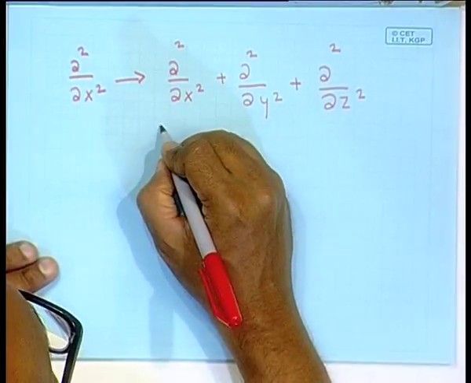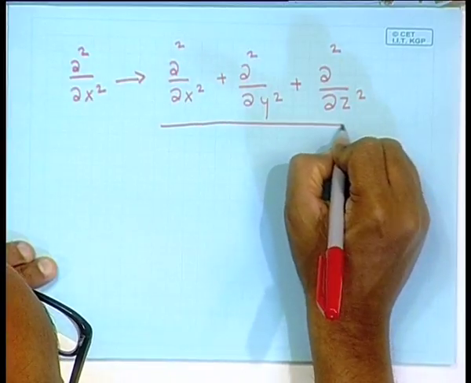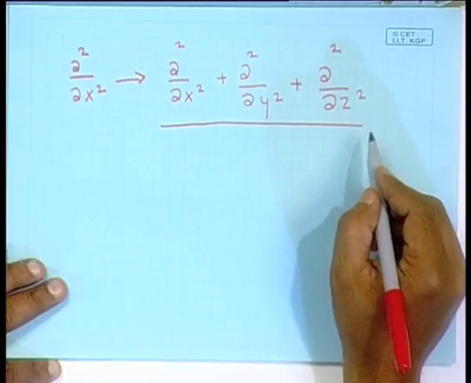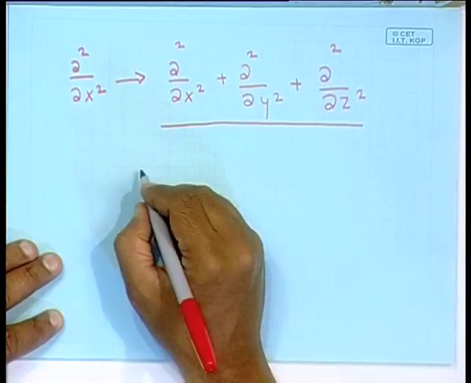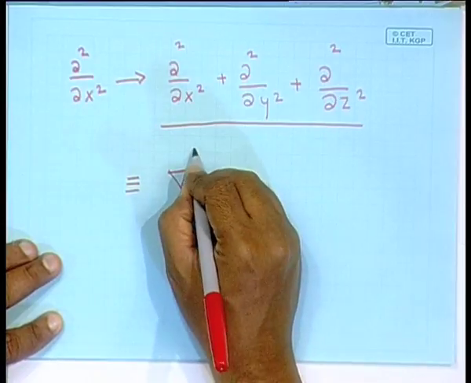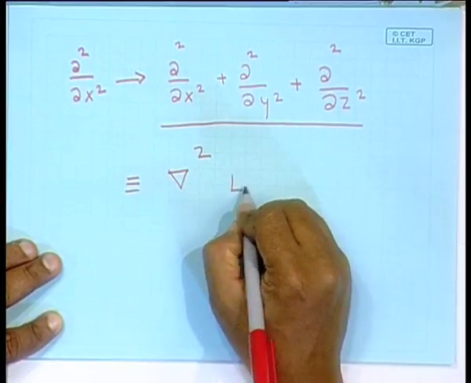This combination of partial derivatives of x, y and z is a very important operator, which is referred to as the Laplacian, and it is denoted by this symbol over here. This is called the Laplacian operator.